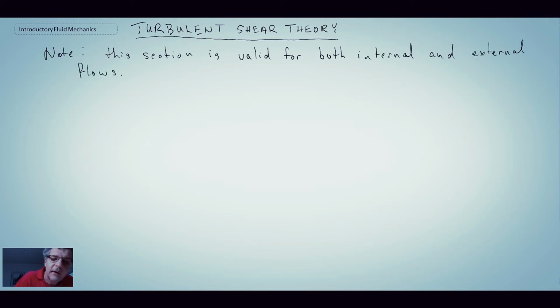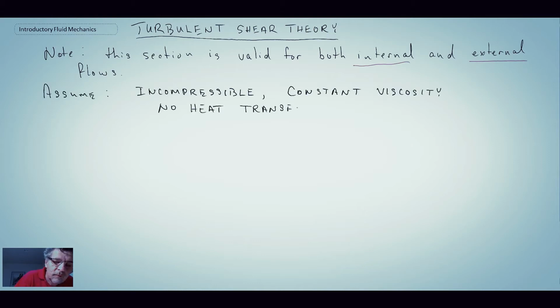So what we'll be looking at when we talk about turbulent shear theory, we're looking for both internal or external flows. So in the case of an external flow, that could be on a flat plate boundary layer, for example. Now we're going to make a couple of assumptions here. So in our analysis, we're going to assume that the flow is incompressible, there's constant viscosity and no heat transfer.